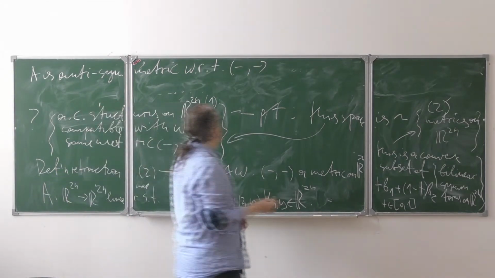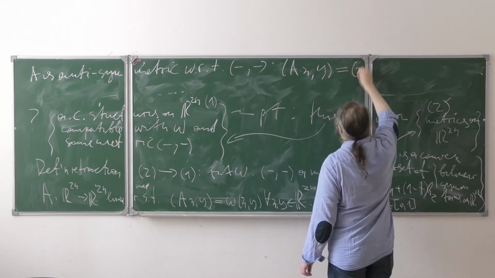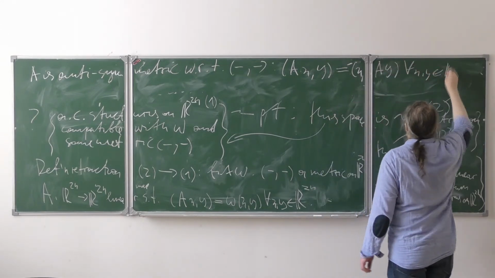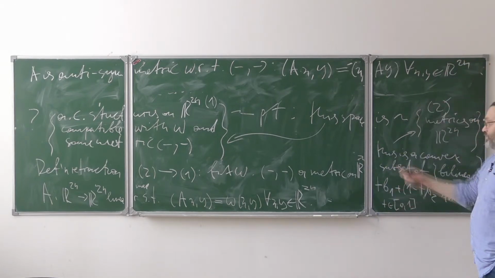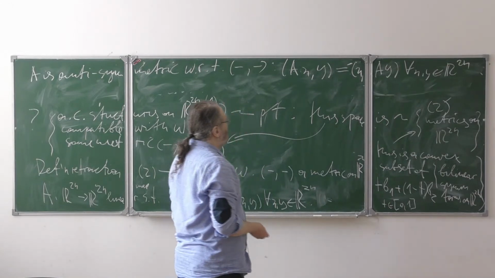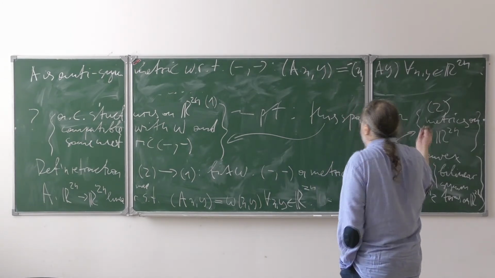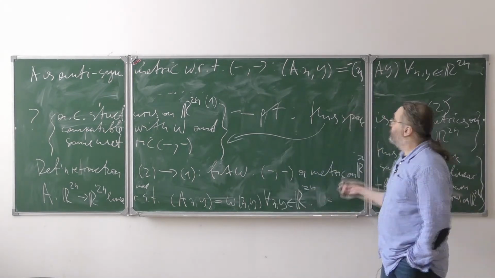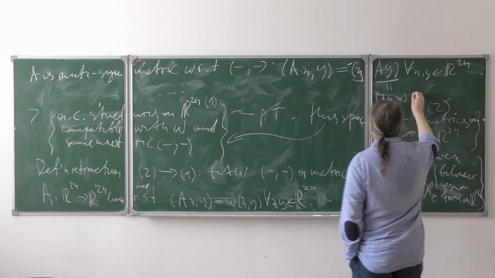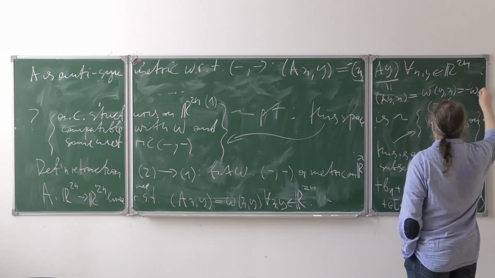What does this mean? Well, this means that the scalar product of AX with Y is minus the scalar product of X with AY for all X, Y inside R^2n. Why is this true? Well, because omega is antisymmetric. This thing is the same as AY X, and this is the same as omega YX, and this is the same as minus omega XY.